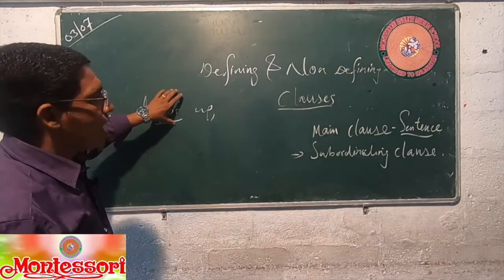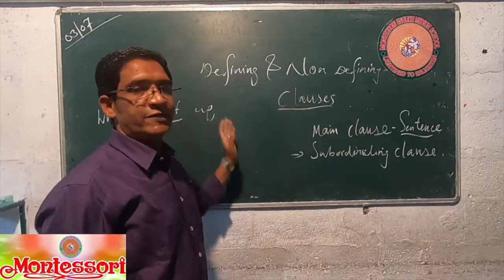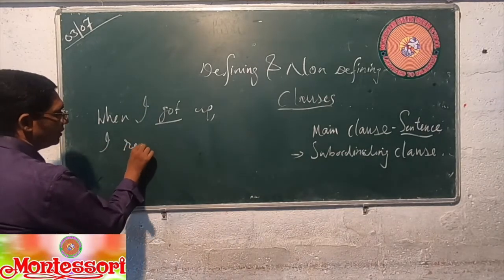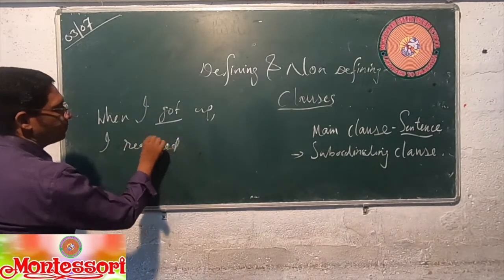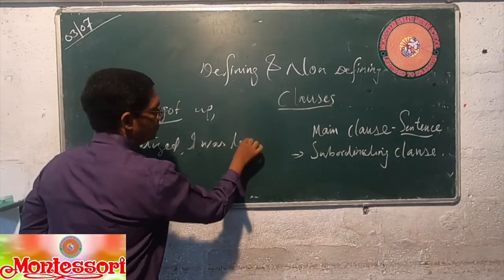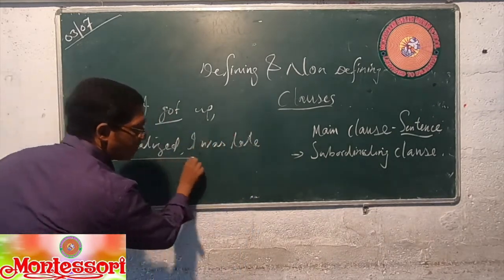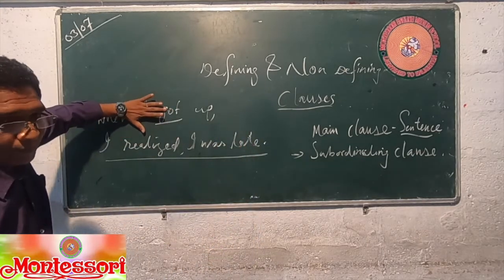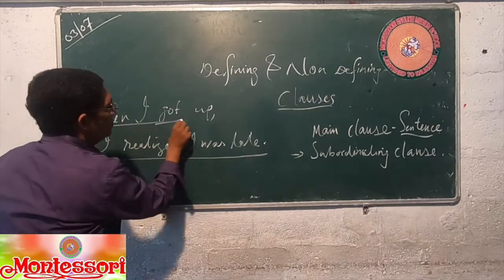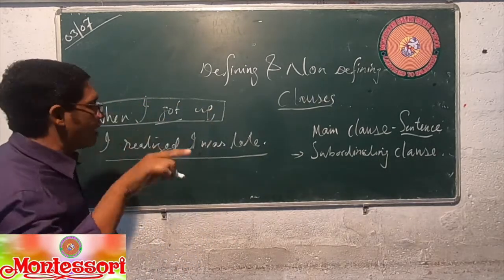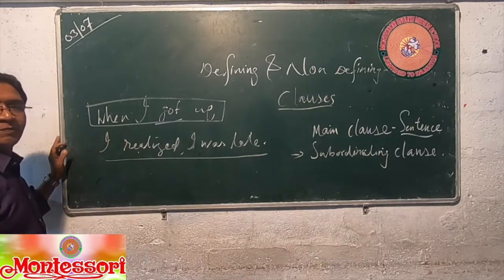It needs a main clause to have its full meaning. For example, when I got up, I realized I was late. So I realized I was late is a full sentence itself, even without the subordinate clause. But this subordinate clause cannot stand by itself.